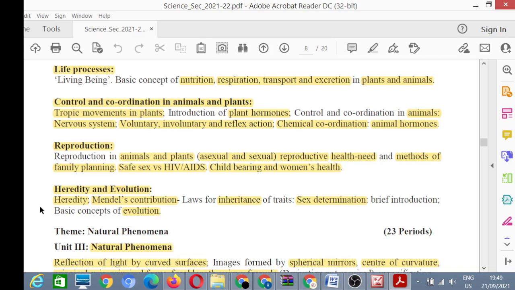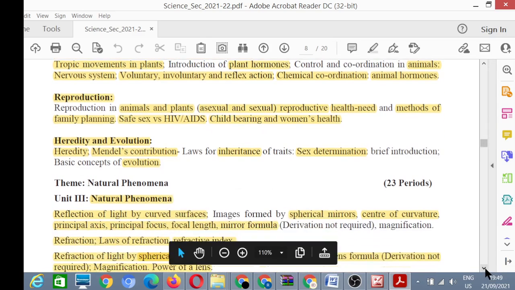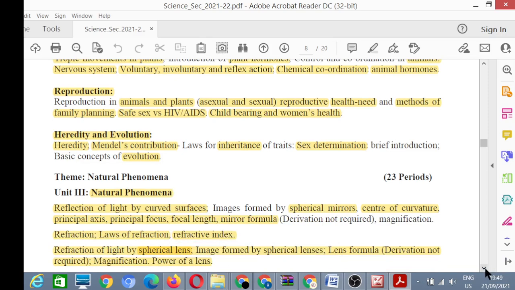Now next is heredity and evolution. Heredity means the relationship between us and our forefathers. If a man is tall, his son will be tall. This is heredity.